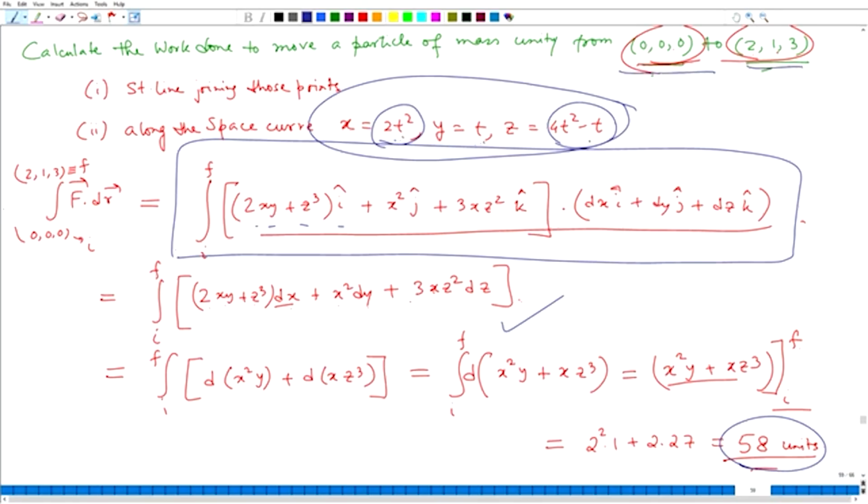So, again the same type of limits of integration will be applied there, but it will be a different variable, which is t. This is a different type of parametrization. So, you will calculate and tell me what the value is, and you will see that this is exactly equal to 58.